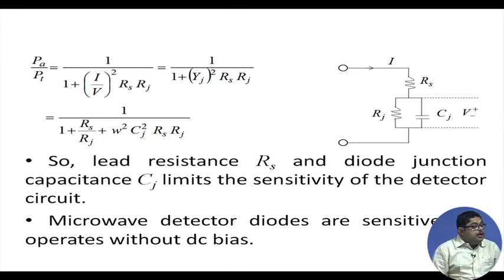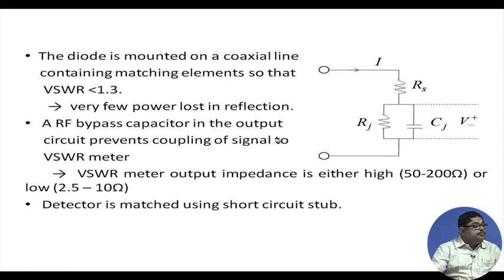Now, microwave detector diodes are quite sensitive and you need not bias them, because normally they are in the square law region. So, no extra biasing is needed and they are quite sensitive, and you can get a good amount of current. Detection sensitivity is good, because lead resistance and so on are made minimum and capacitance is made minimum, obviously due to the metal contact.